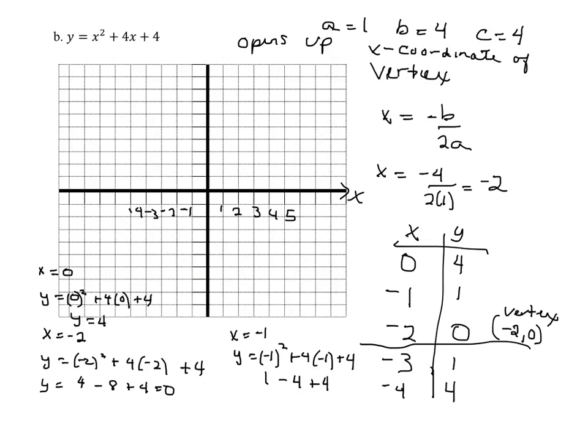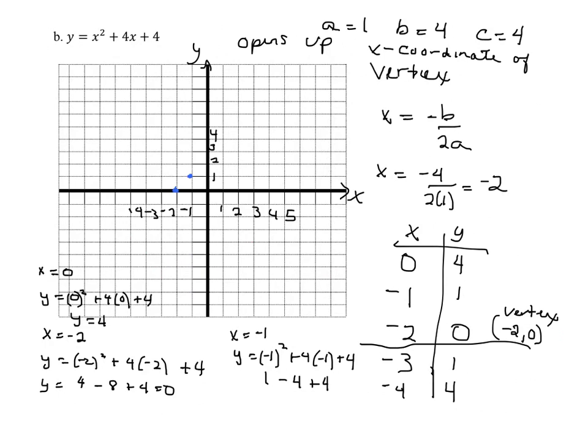Label my axes, right? Graph the points. Negative 2, 0. Let's graph in blue. Good. Negative 1, 1. And let's graph the other guy.